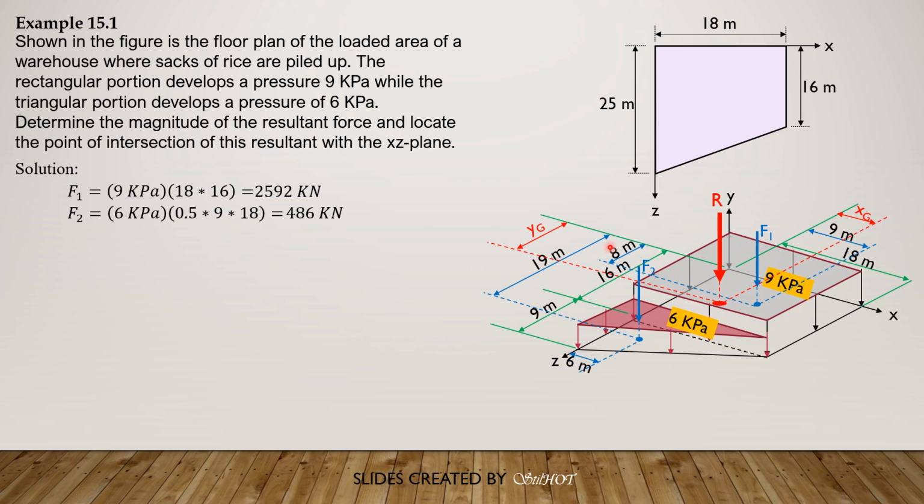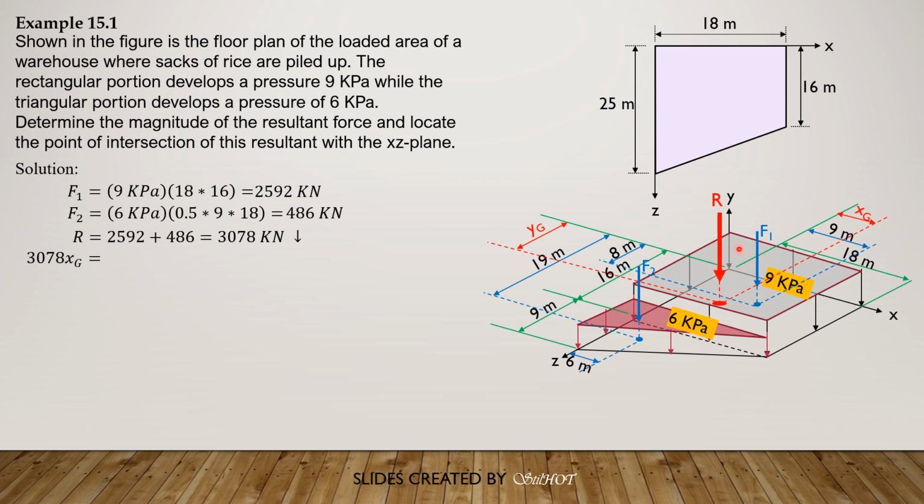So we locate the position of R by Varignon's theorem, but first let's solve for the magnitude of the resultant. It is F1 plus F2, so it is 3078 kilonewtons downward. Then by Varignon's theorem, taking the summation of moments about the z-axis, the moment of the resultant is supposedly negative, but let's just treat it positive.